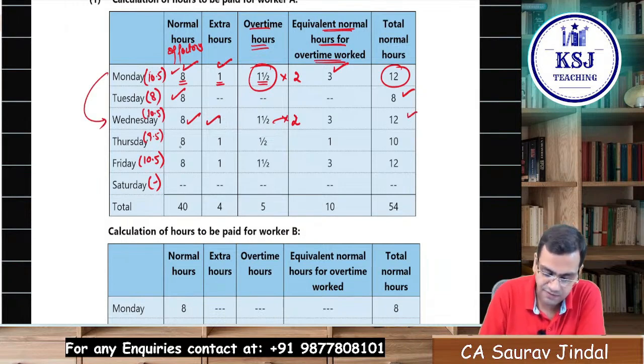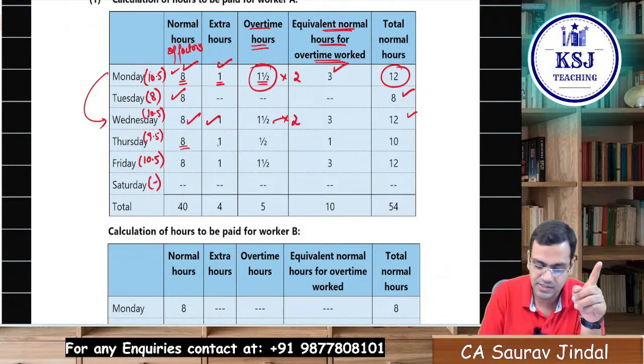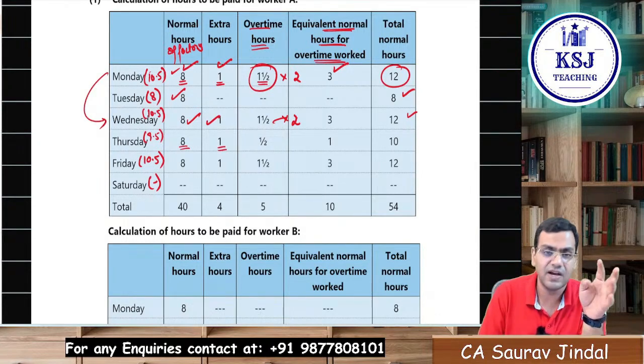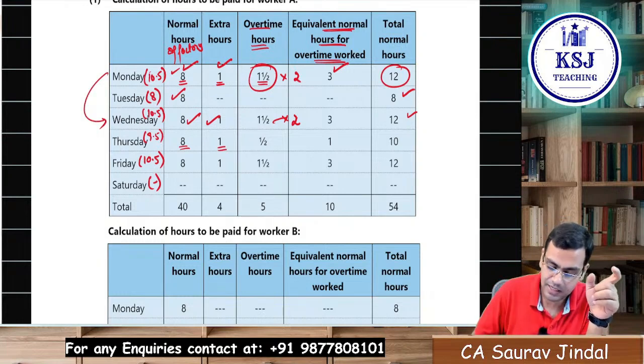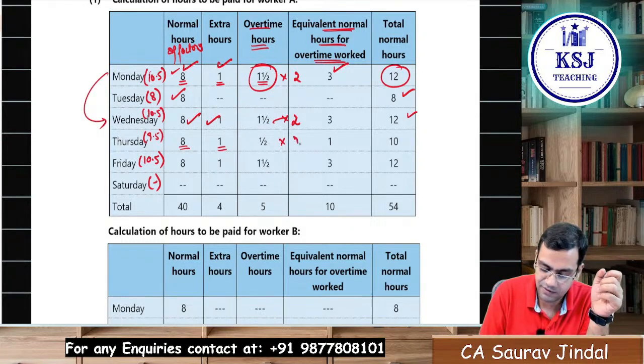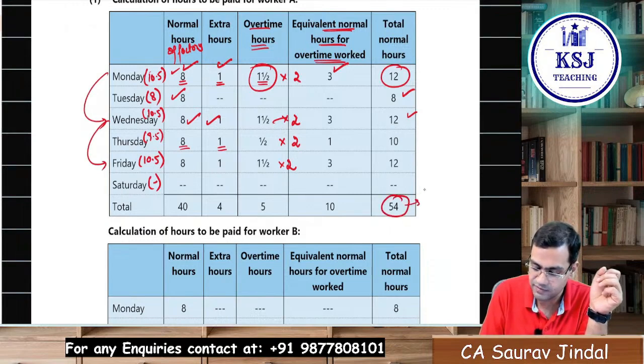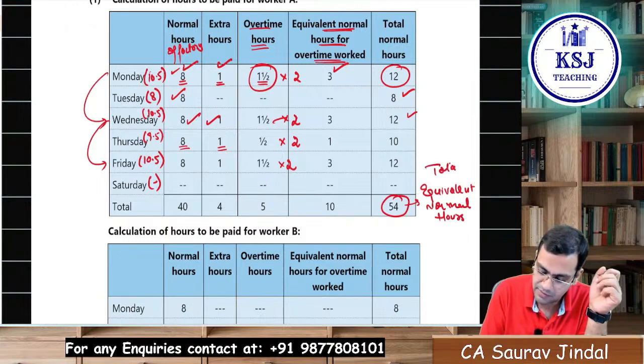Thursday is 9.5: 8 hours normal, 1 hour extra as provided in the question, plus 0.5 overtime, multiplied by 2 for the equivalent hours. So 54 is your total equivalent normal hours.